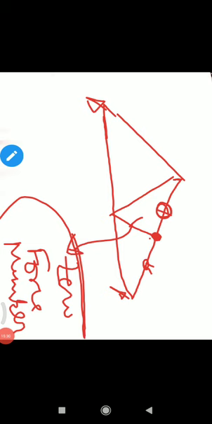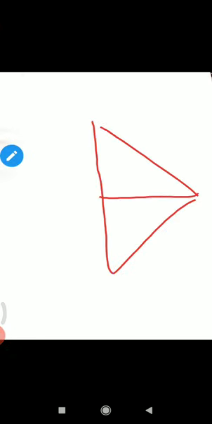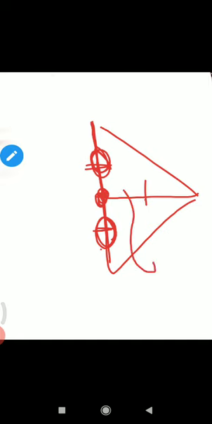Am I clear? Again, if this is a truss, then at this joint we see that these members are meeting, of which this member and this member are collinear, and this is a third member which is joining at this joint. Then this third member is a zero force member.